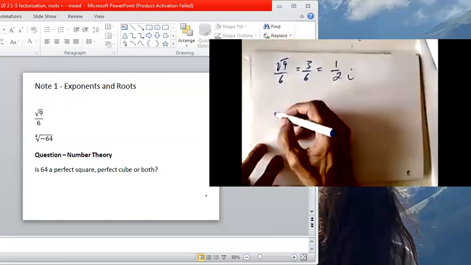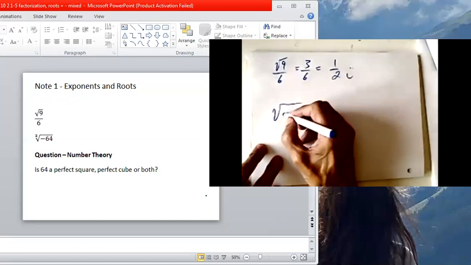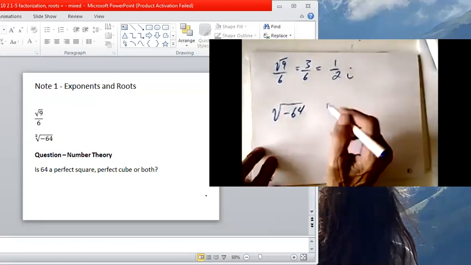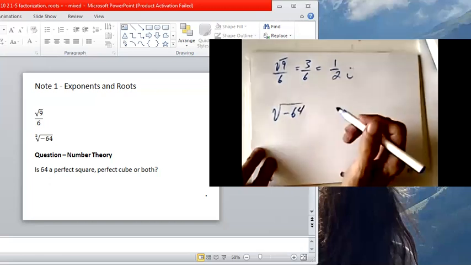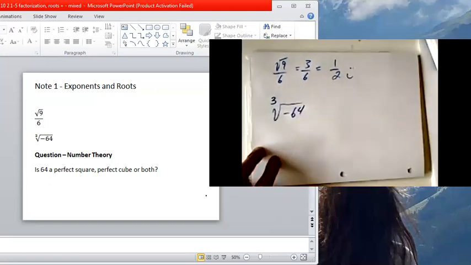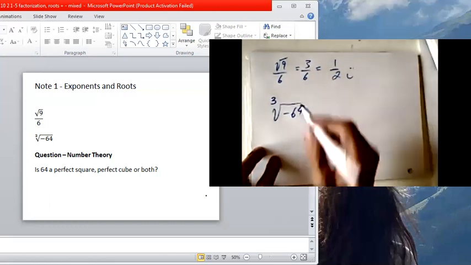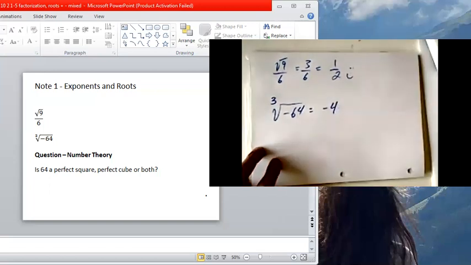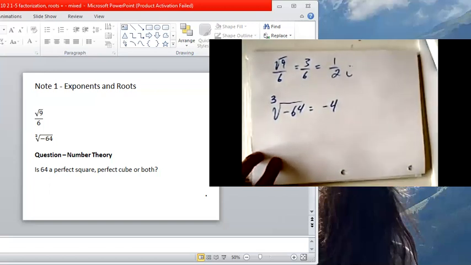This one is shown to you just to spook you, because you probably learned that you can't take the square root of negative numbers. And in grade 10, that's true. However, you are allowed to take the cubed root. That is okay. And for free, I will tell you it is -4.